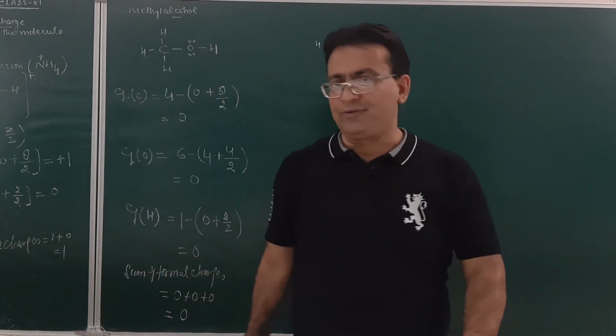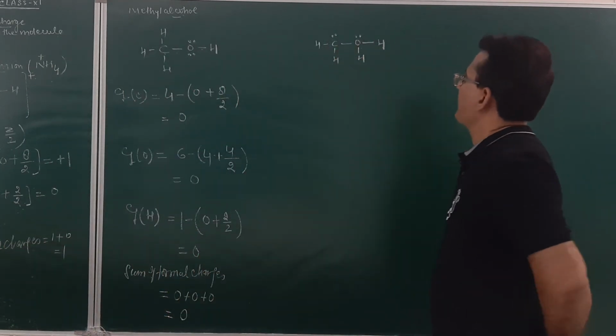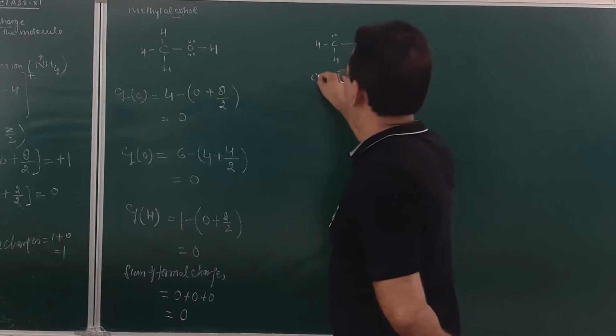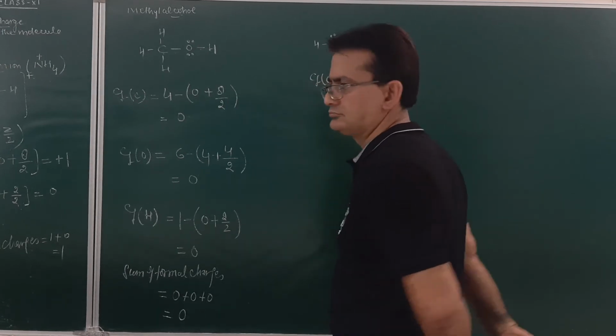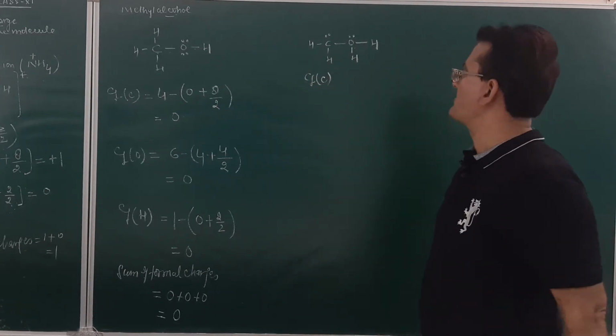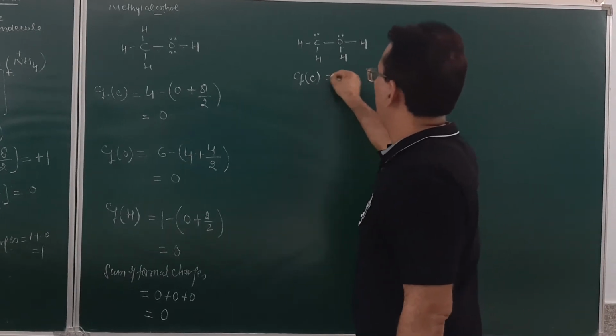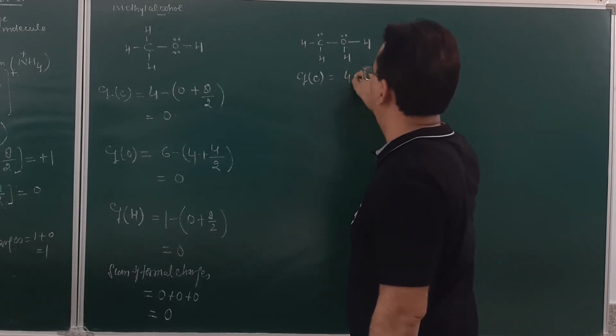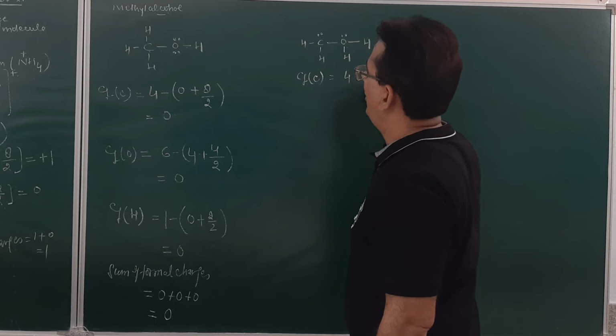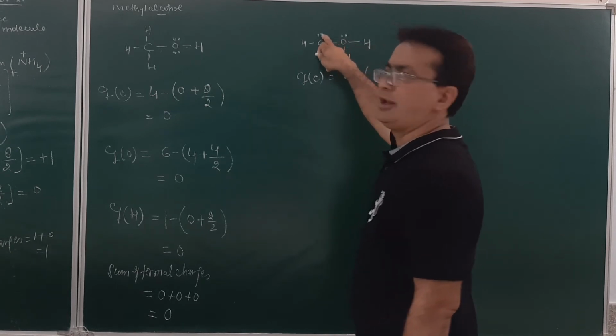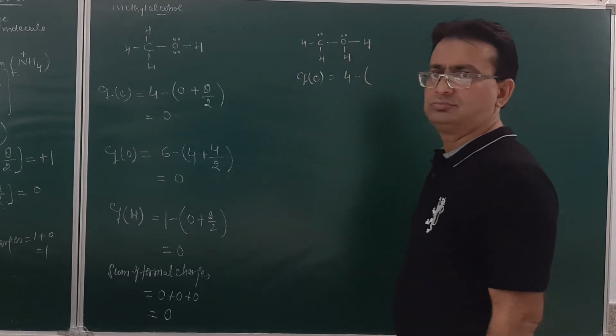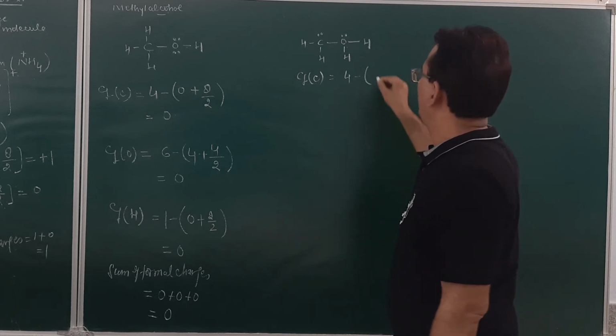Now, if I look at this one, the formal charge on carbon will be the number of electrons in the valence shell, 4, minus how many unshared electrons are present on this carbon? 2. One pair of electrons. So 4 minus 2.